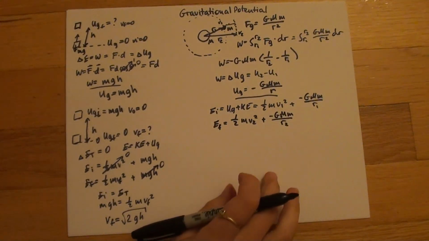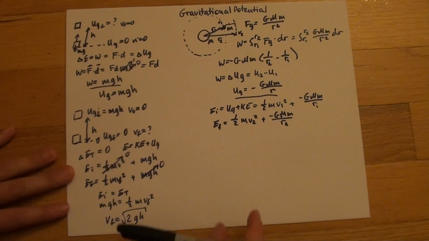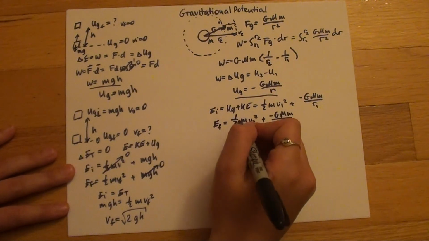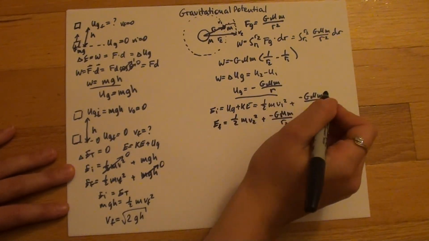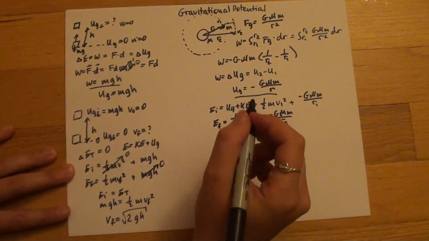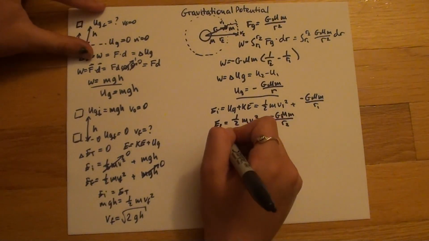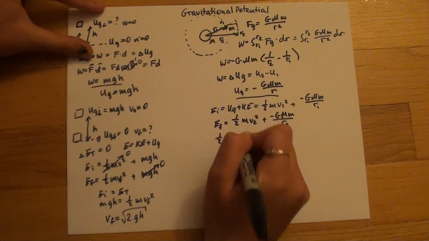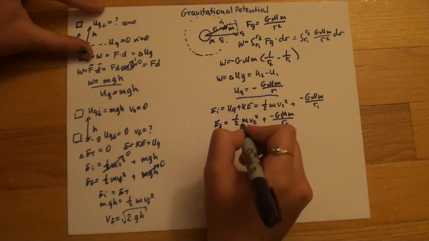Alright, so now we need to determine the escape velocity. Before that, we know that E initial equals E final, so the change in the total energy is 0. At any given point, at any given radius, the kinetic energy plus potential energy will always be equal to the other point.